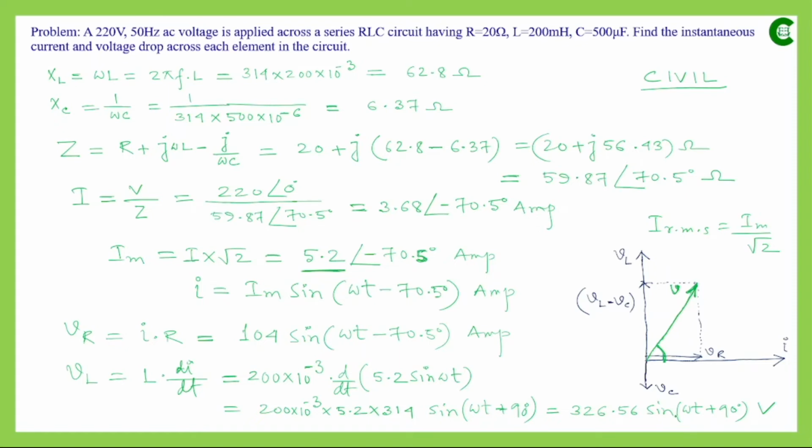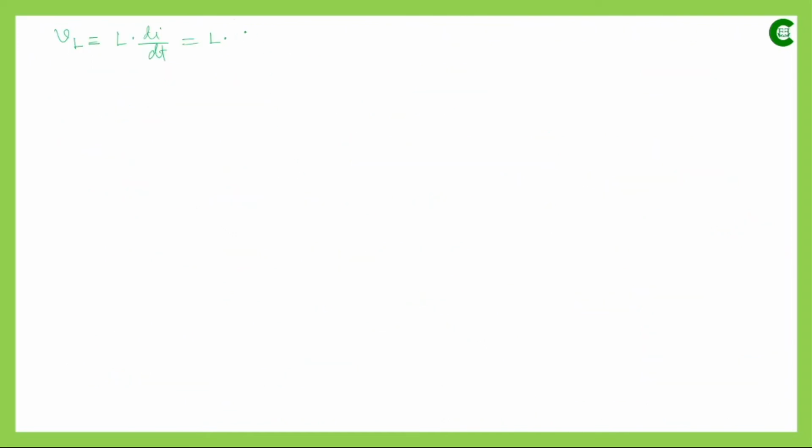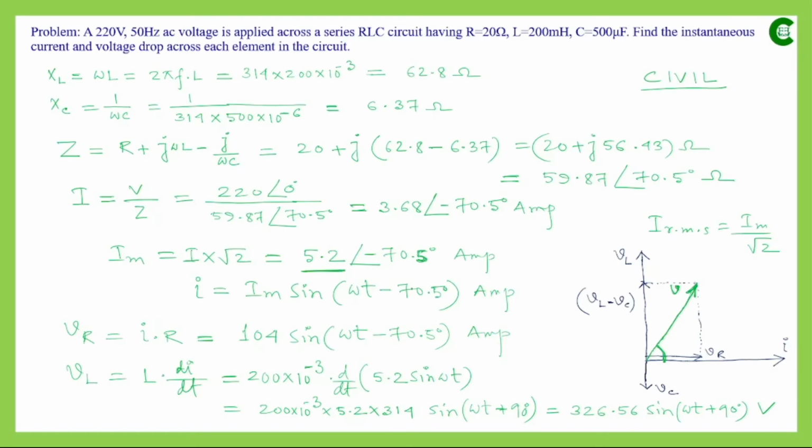Now this can be shown in a different way, like VL equals L di by dt. When we took voltage as reference, the expression of I that we obtained was Im sine omega t minus 70.5 degree. So here we can write L d by dt of Im, which has value 5.2, times sine omega t minus 70.5 degree.